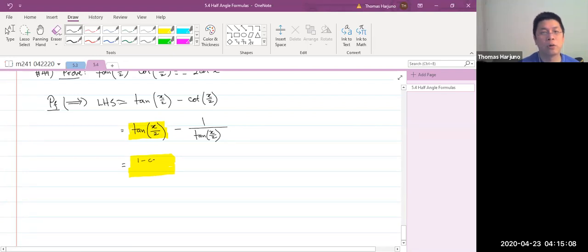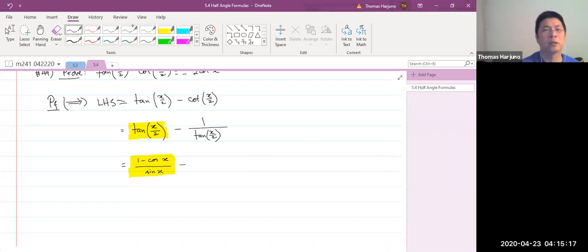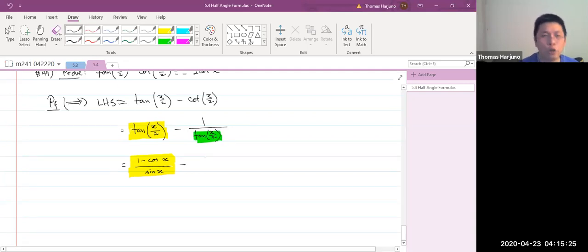1 minus cosine x over sine x minus. Now I will not use the same formula for my tangent here. I can use the same formula, but it will get a lot harder. Instead, I try to use the formula that has sine x on the top.